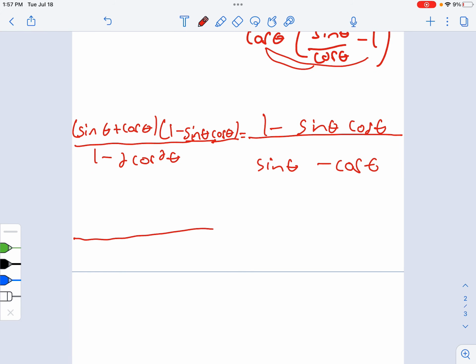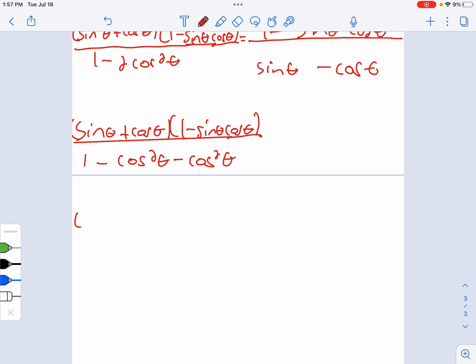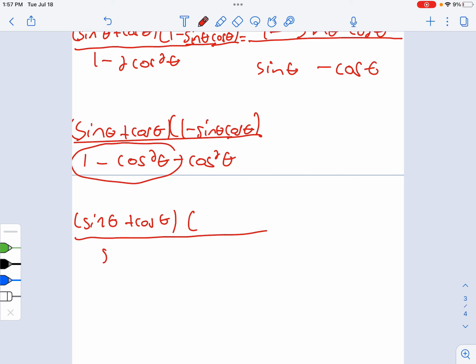Now this is a little sneaky, but where you have that 1 minus 2 cosine squared, I'm going to rewrite that as 1 minus cosine squared theta minus cosine squared theta. And the reason I'm doing that is because if I look at this, the 1 minus cosine squared is like saying sine squared theta.